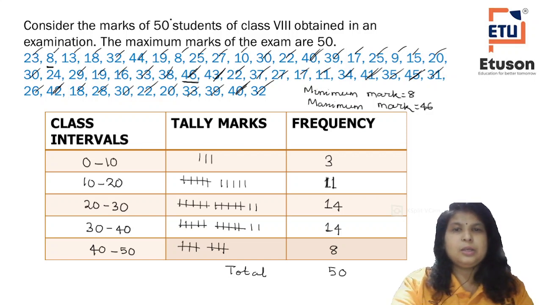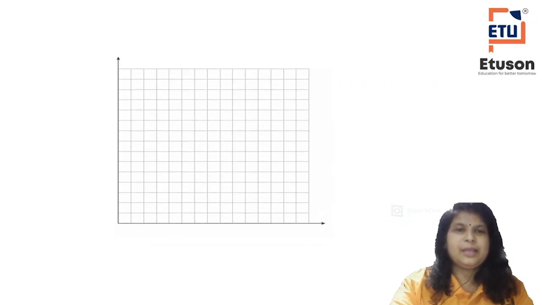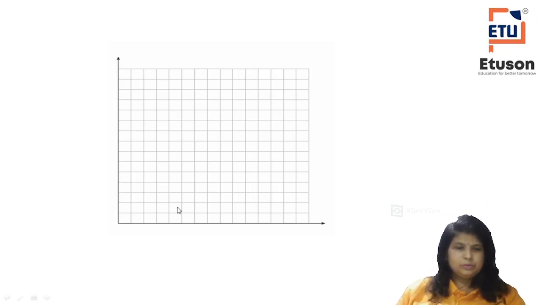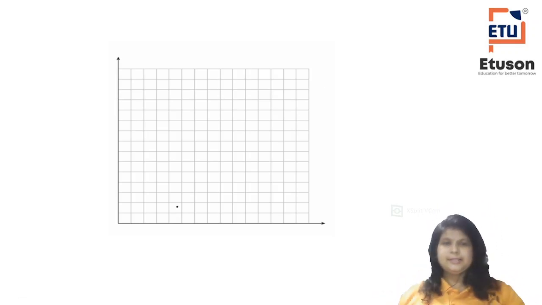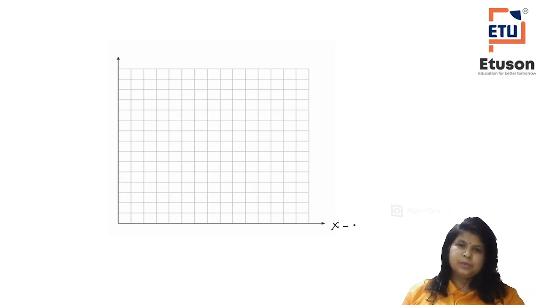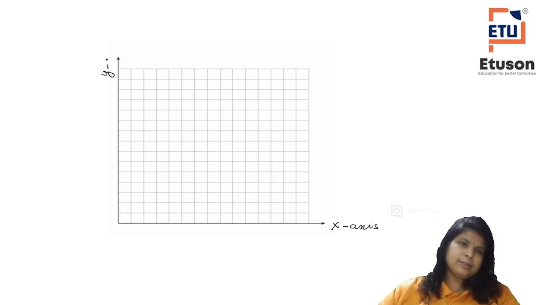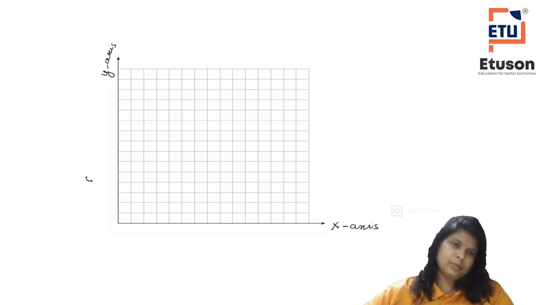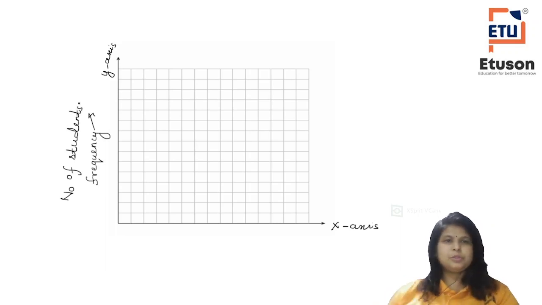So now let us draw the histogram for this. I will have the x-axis, and on the x-axis you are supposed to take the class interval, and on the y-axis you are supposed to mark the frequency, which is nothing but the number of students, right?